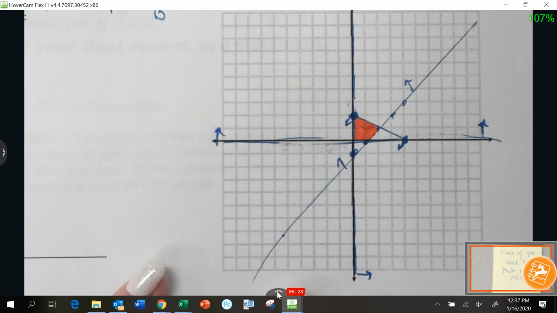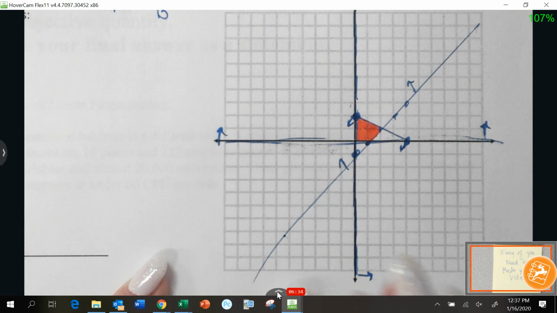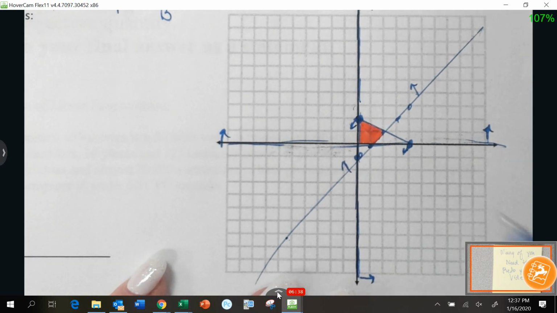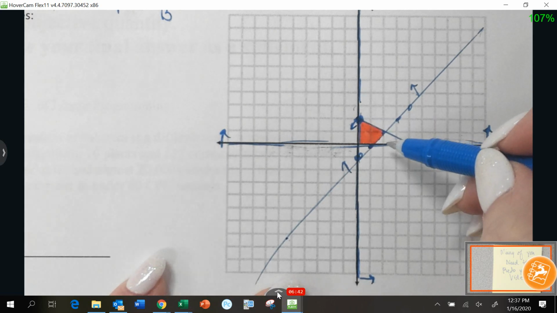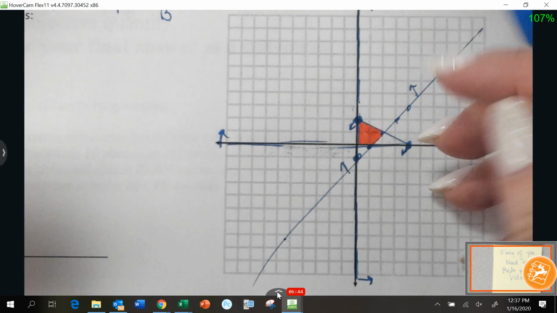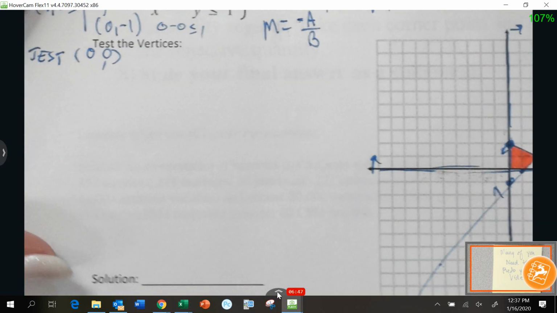So that kind of stuff we've already done. Next thing we've already done is we're going to find the vertices of the shaded region. So this is a quadrilateral. There will be how many vertices? 4. Let's see, 0, 0 is one of them.